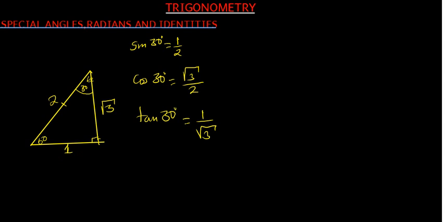Now let's go to 60. What of sine of 60 degrees? Sine 60 degrees, as we can see, 60 is here. Sine is opposite over hypotenuse. Opposite is there, the hypotenuse is there. So that gives us root 3 over 2. And then the cosine of 60 degrees.